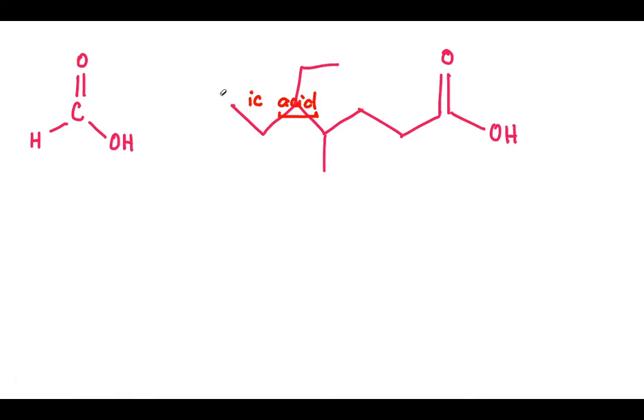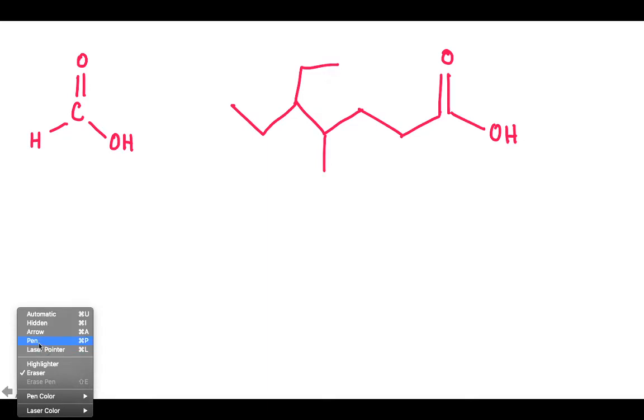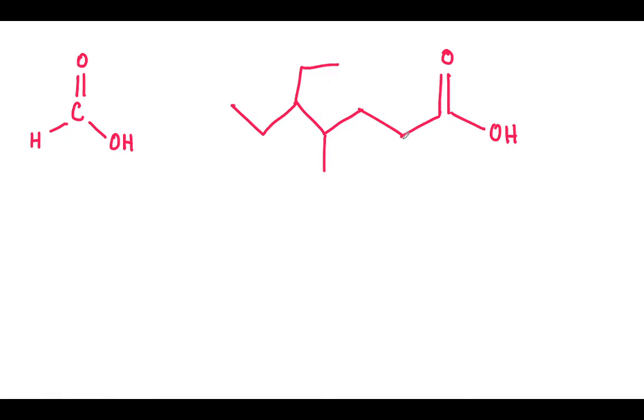Our next example has a slightly more complicated structure, and we're going to name it just like we usually do, starting with identifying our longest continuous carbon chain. So I want to give my carboxylic acid priority, and what I mean by that is that I want to give it the lowest possible number.